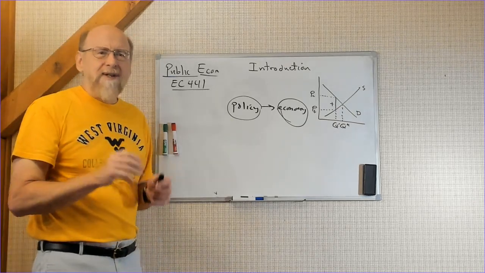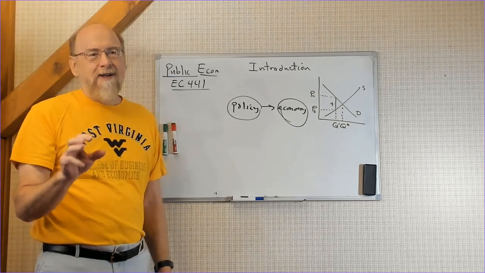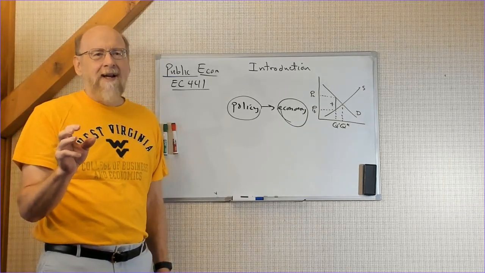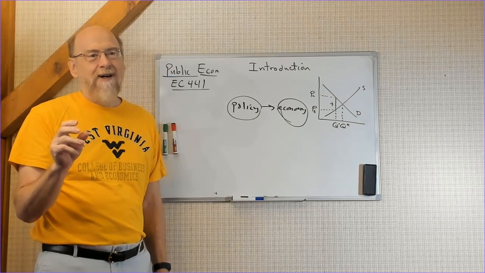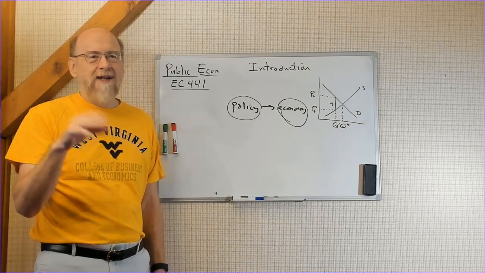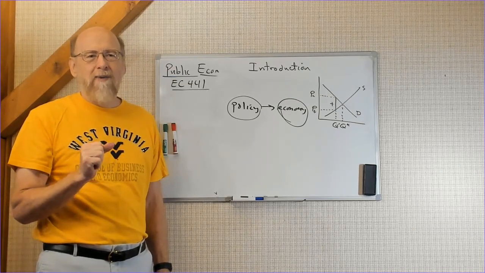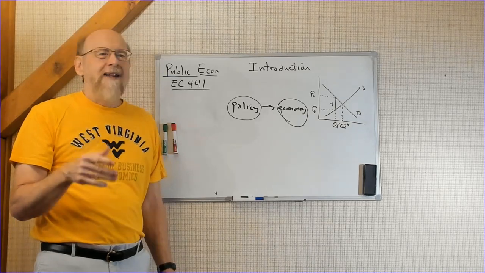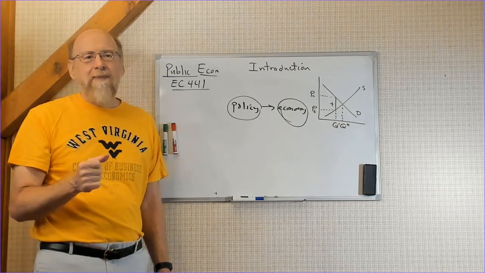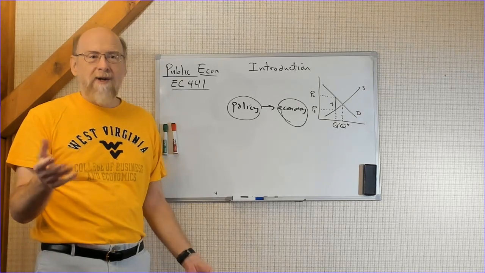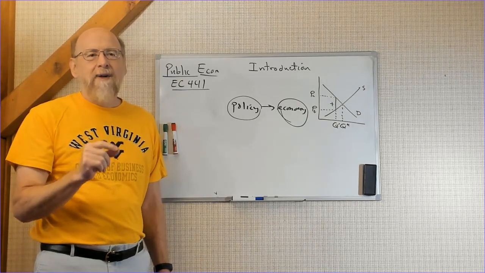Now, one reason you want to study public economics at this point in history is that public economics is a lot more important a subject than it was back in 1900 when neoclassical economics was being worked out. In those days, GDP was much smaller, and the government's share of that GDP was much smaller.